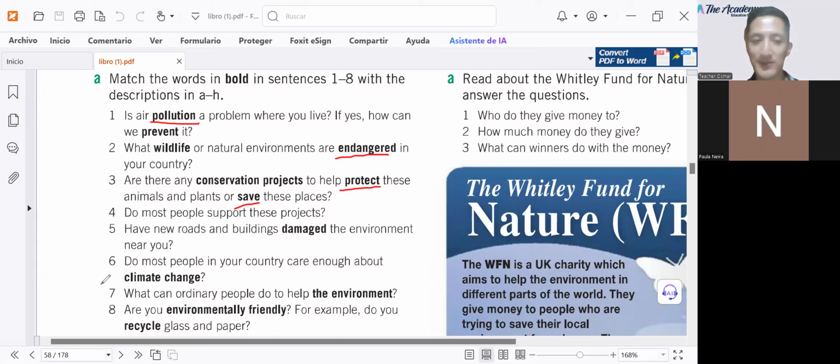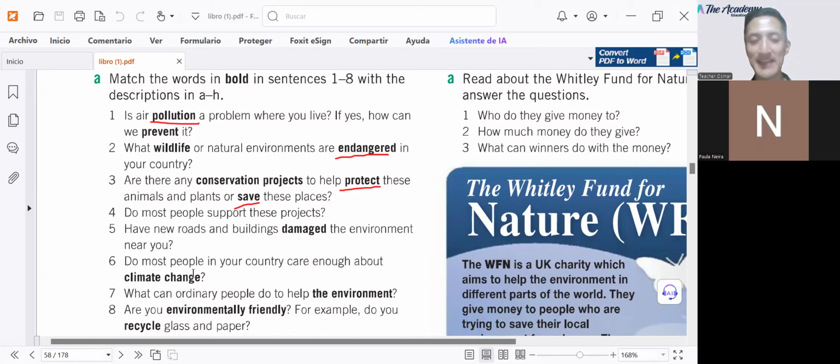Climate change. Oh, this is the problem that we are facing right now. That's why we have no power. Cambio climático. Excellent. That's it. Climate change. The environment. In English, it's just the environment, but in Spanish, we say it as medio ambiente.